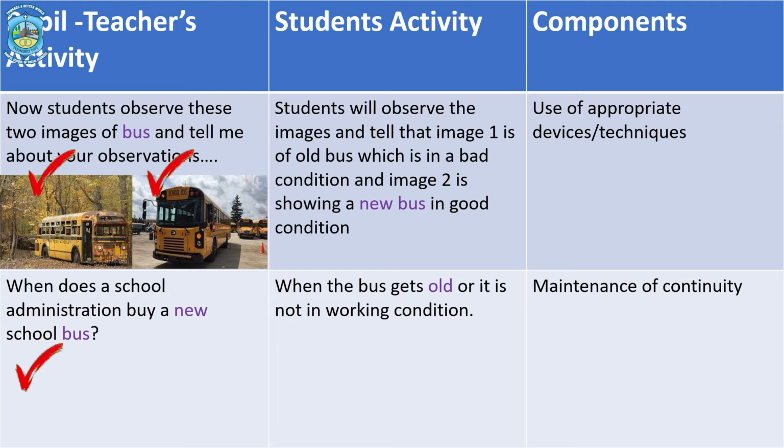So, here you can check the component is maintenance of continuity. So, here the questions are related to each other. So, if you're observing students, we are trying to connect the previous answers and the next question is based on that previous answer. So, that connectivity is important. So, there should be a logical sequence.